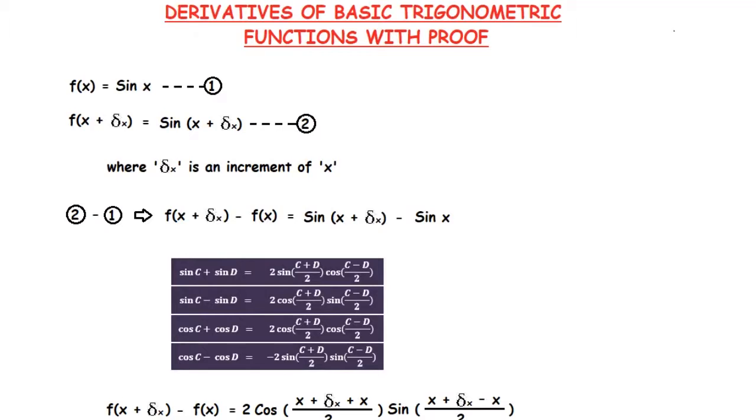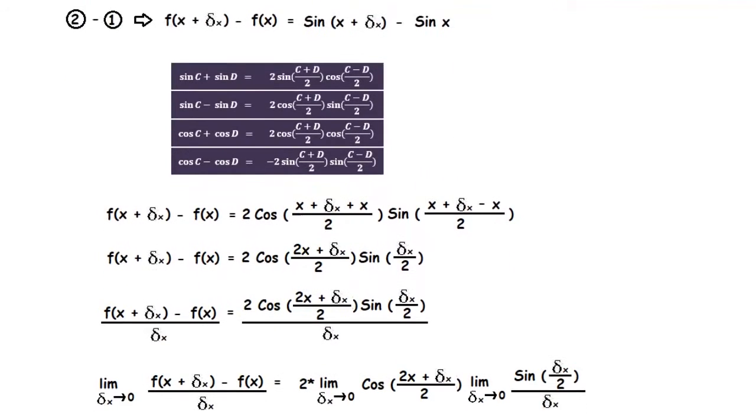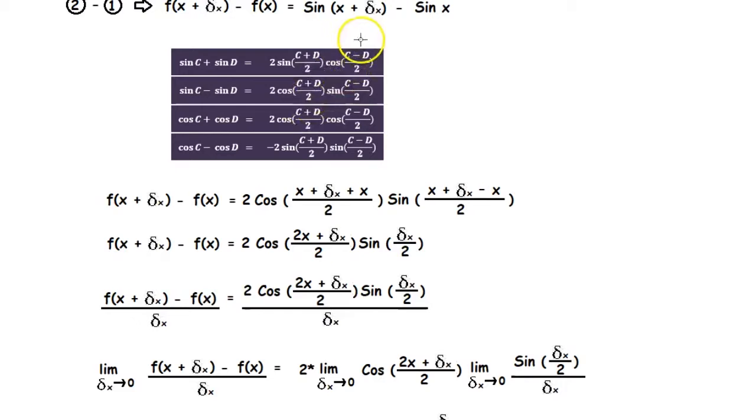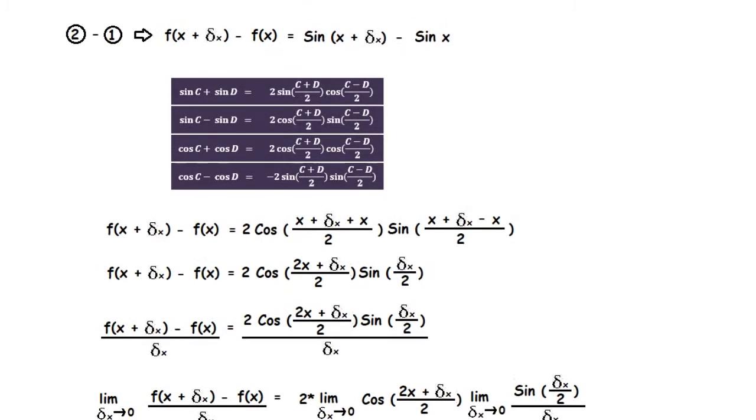That will give us f of x plus delta x minus f of x is equal to 2 into cos of c plus d over 2, that is x plus delta x plus x divided by 2, multiplied by sin of c minus d over 2, that is x plus delta x minus x divided by 2.